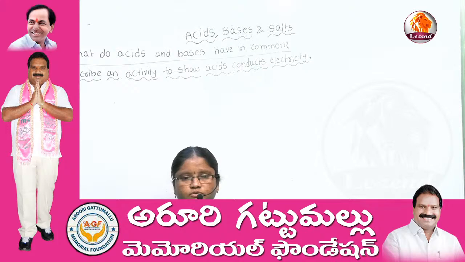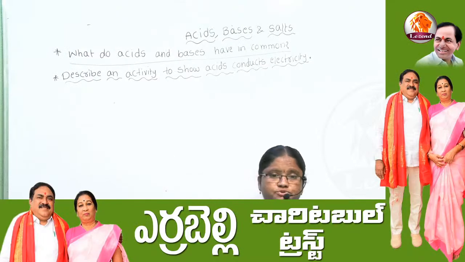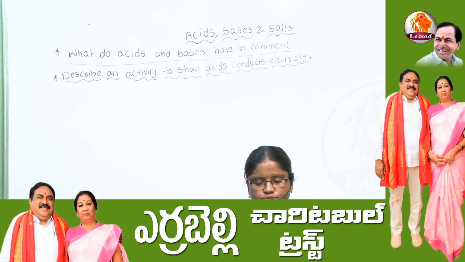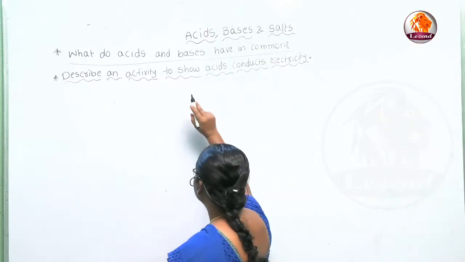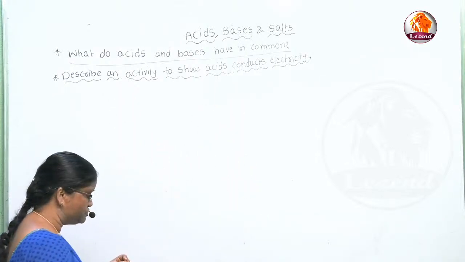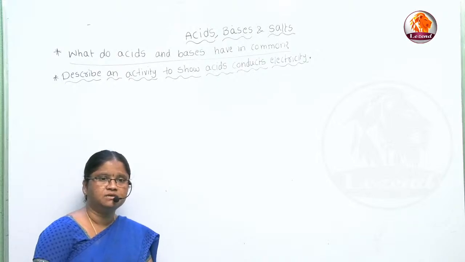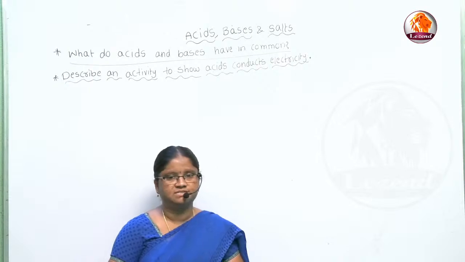So from that, we can consider that acids have hydrogen, H plus or hydrogen ions. Hydrogen element is common in acids. First we have to discuss what acids have in common. So if hydrogen is contained in a substance, are all compounds containing hydrogen acids or not?